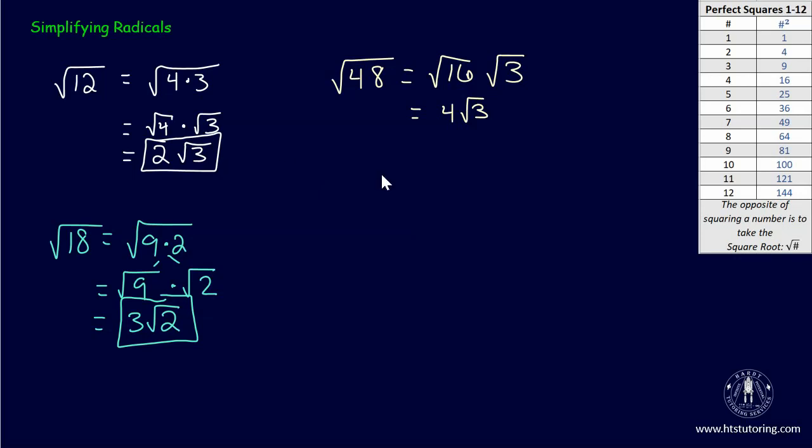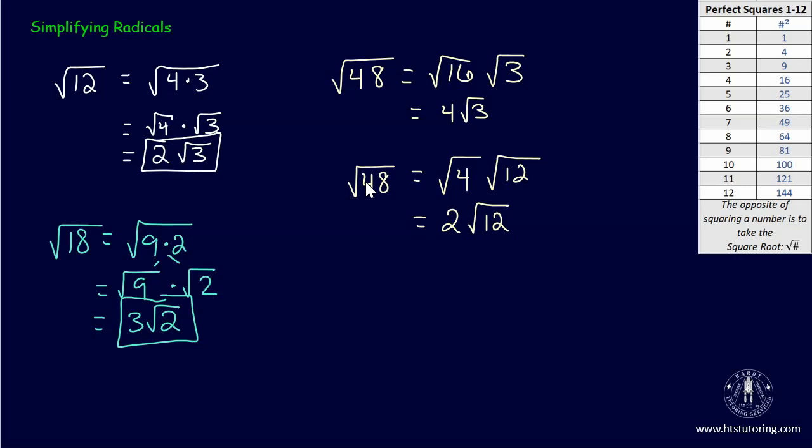However, say you didn't realize that 16 was the biggest one that went into it, and you picked 4. So we have square root of 4 times the square root of 12, because 4 times 12 is 48. Square root of 4 is 2, and then we have square root of 12. As we reach these answers, we have to ask ourselves, is what is underneath that radical, or the square root symbol, completely simplified? Or is there a perfect square that goes into it?